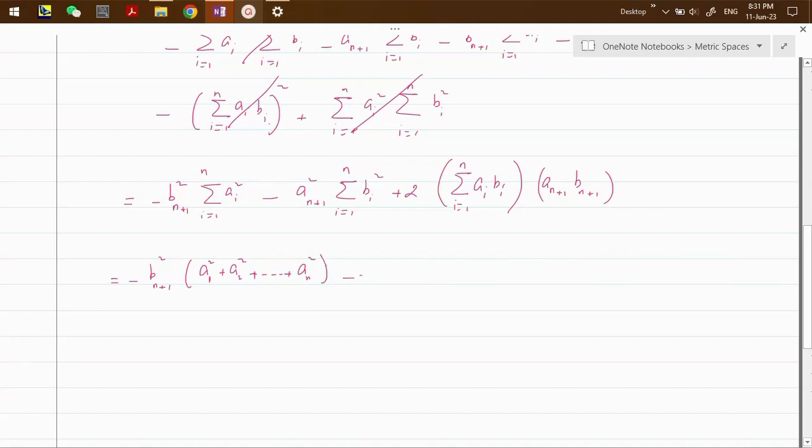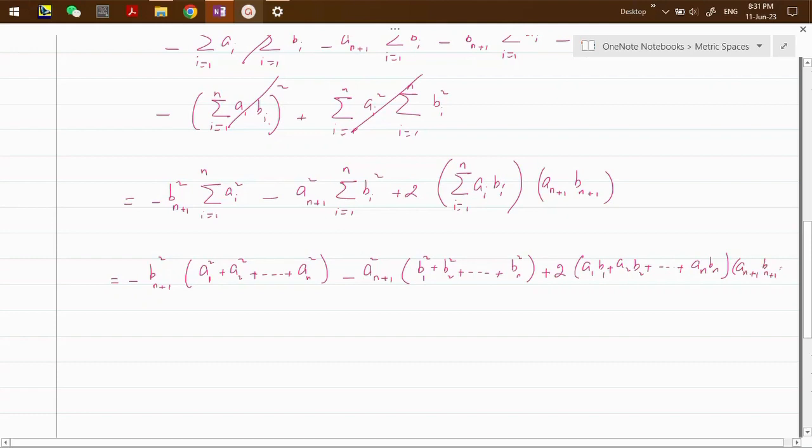Similarly, we have minus a(n+1) square into b1 square plus b2 square up to bn square, and then we have plus 2 times a1 b1, a2 b2 and so on an bn multiply by a(n+1) b(n+1).